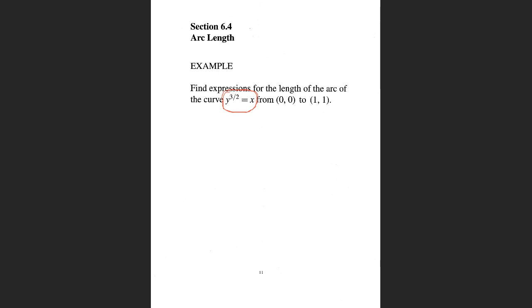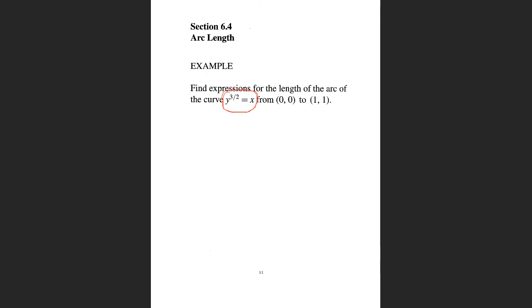Could y or x be a parameter? And if one of those variables could be a parameter, would it be better to have x as a parameter or y as a parameter in this case, since x equals y to the 3/2 power? What's a better parameter, x or y? Use your instincts.